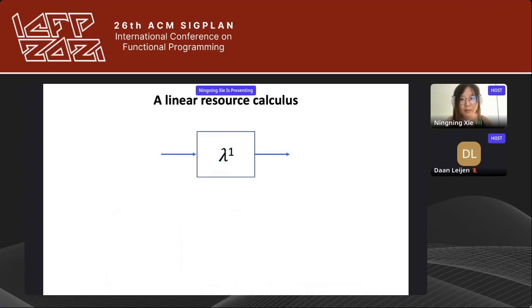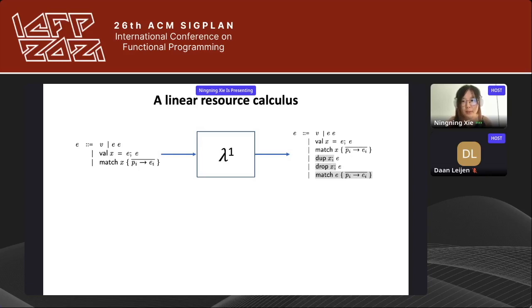So in the formalism of lambda1, we start with essentially an untyped lambda calculus extended with explicit binding and pattern match, and it elaborates the expression into expressions with explicit dup and drop annotations. Notably, to capture the essence of precise reference counting, lambda1 does not model mutable references, so we won't get cycles.